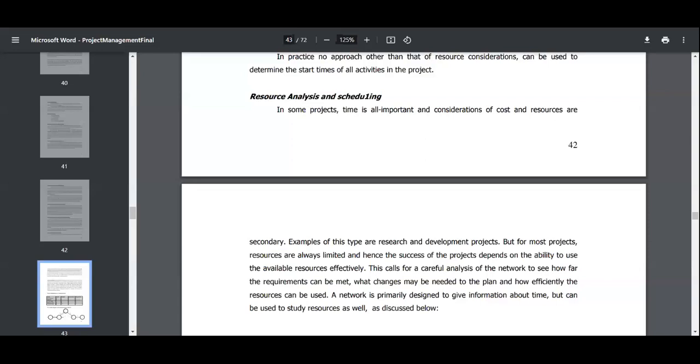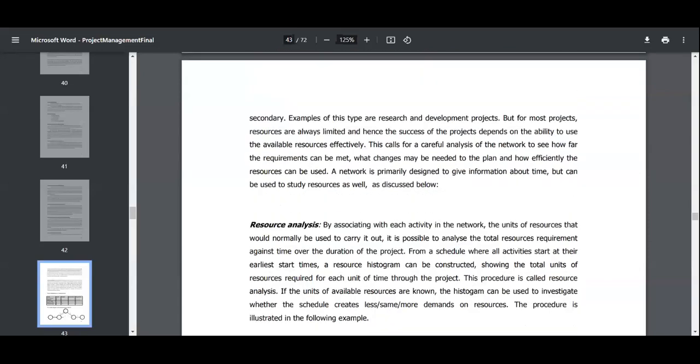Some examples are there, like in research and development projects, resources are most often limited.